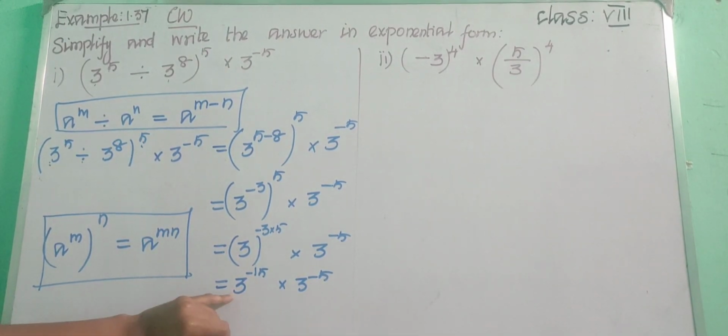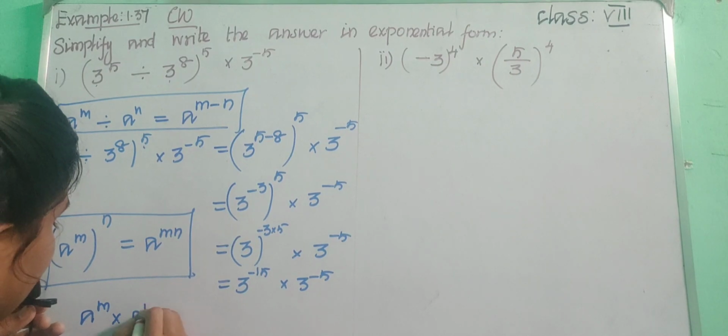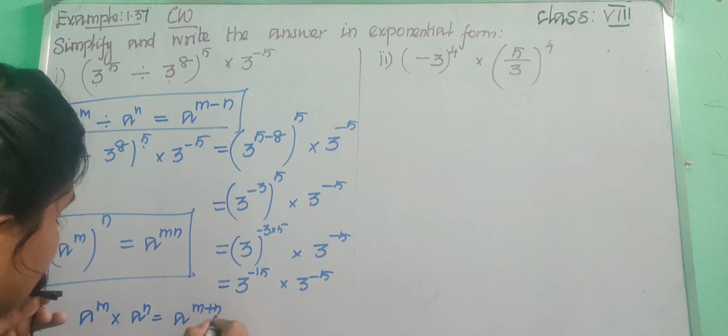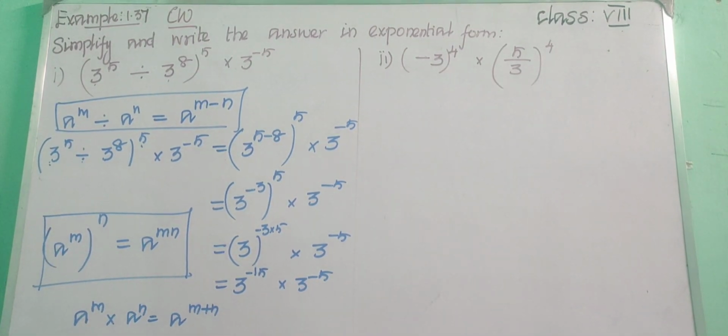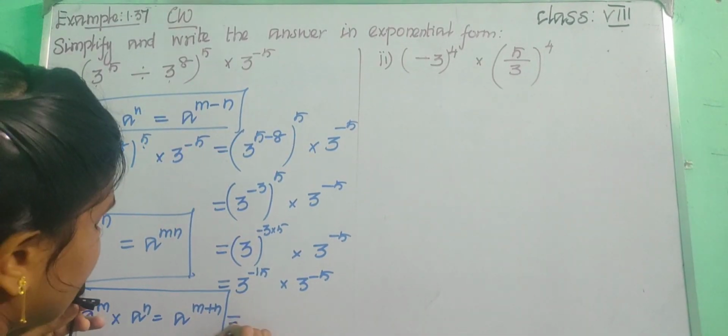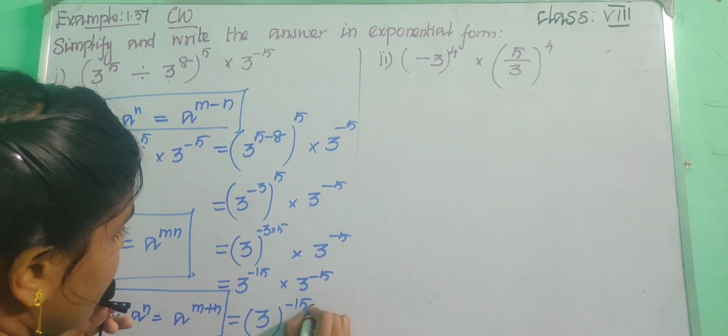Now we have the same base, but the powers are different, and also we have a multiplication symbol. So what can we do? We can apply the product law, right? A power m into a power n. How will you write? A power m plus n. We need to add the powers. So we can write this as 3 power minus 15 minus 5.